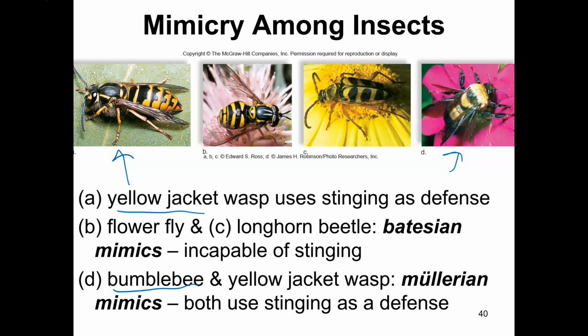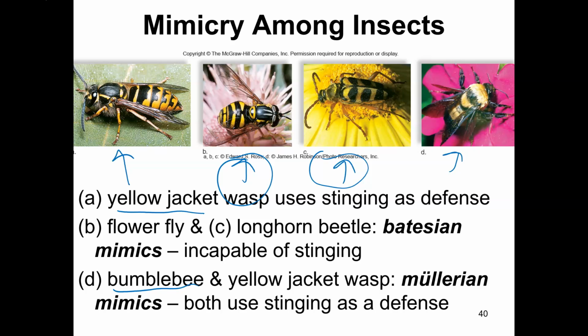These are organisms that are within the same class, and we don't want to get hurt. They're both hymenopterans, and they can hurt us, right? But then here B is a flower fly, and C is a longhorn beetle. These two are not dangerous. They don't sting. They won't hurt us.